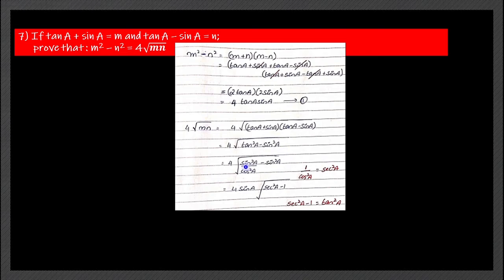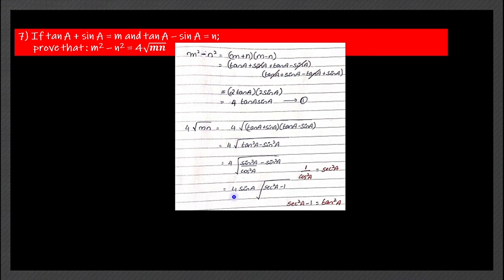Before that, one thing to clarify, I have skipped a few steps over here. When you take the common LCM, you will get sine square A cos square A divided by cos square A. When you take sine square A as common, you will be getting 1 minus cos square A divided by cos square A. So henceforth you will take sine square A common, right?